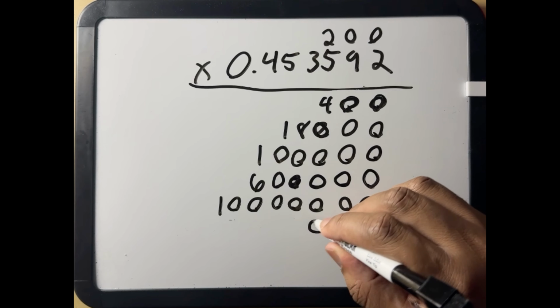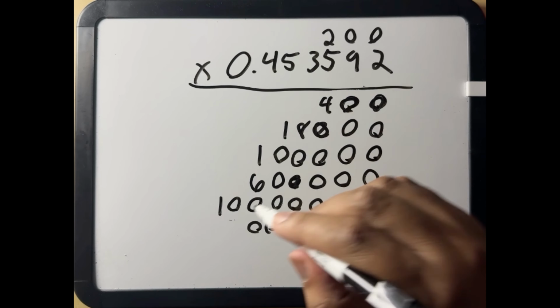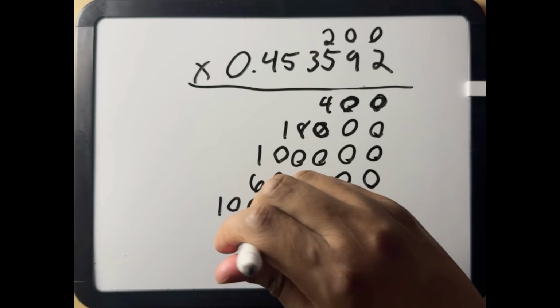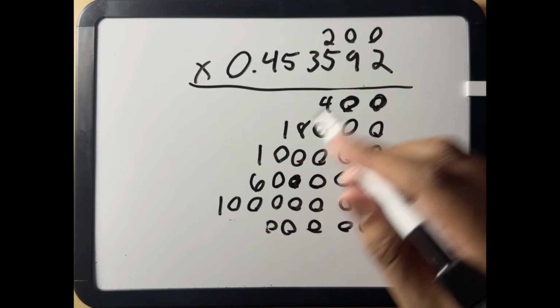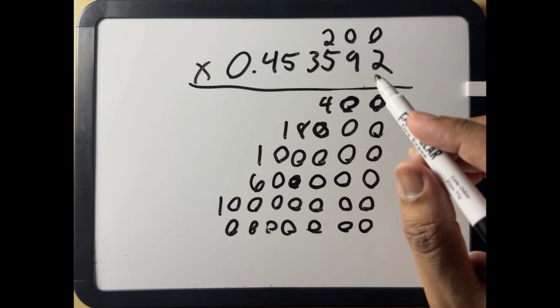Then we add zeros. 4 times 0, 0. 4 times 2, 8.